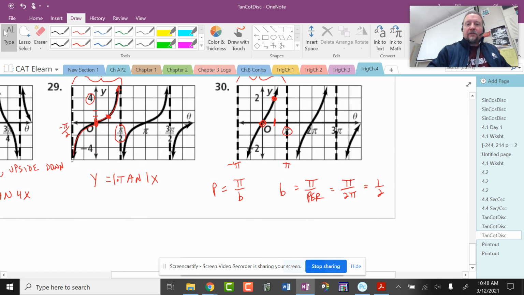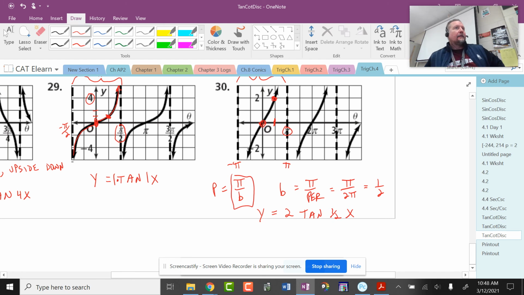Then we'll see how that works when we type it in. So it's y equals 2, because it's quarter value comma 2, tan 1/2 x. And if I plugged in pi over 1/2, I would get 2 pi as a period.